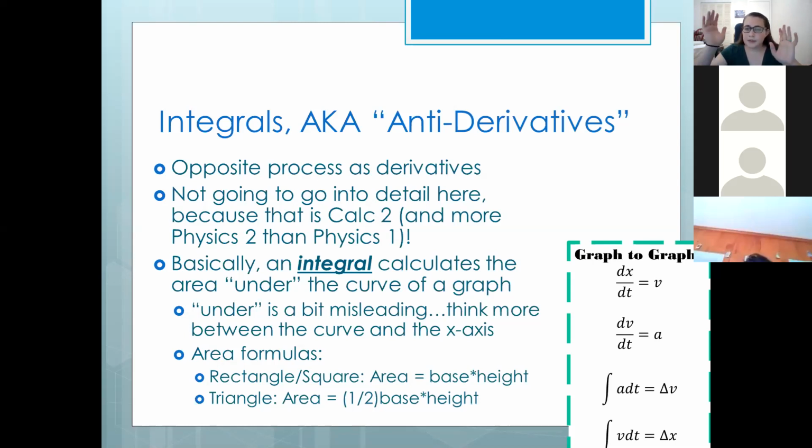When we're going up the stack of graphs, that fancy S symbol means integral, because integral is a fancy way to say sum. So that's S comes in. So the integral of acceleration with respect to time gives us our change in velocity. And the integral of velocity with respect to time gives us our change in position or our displacement.